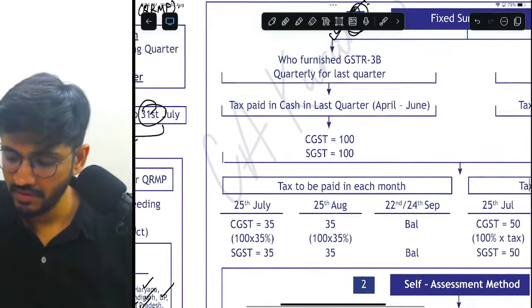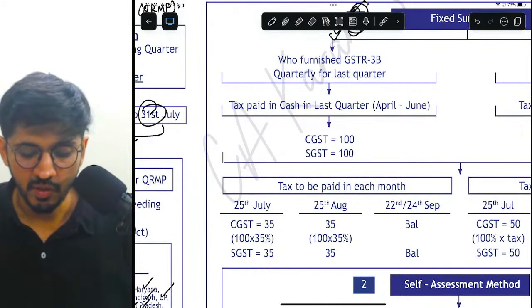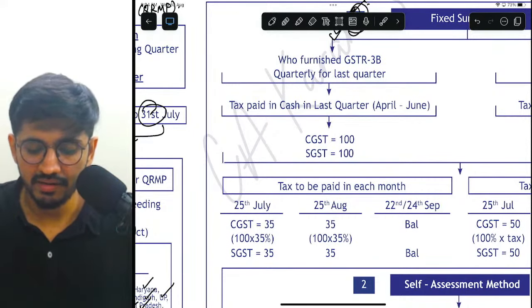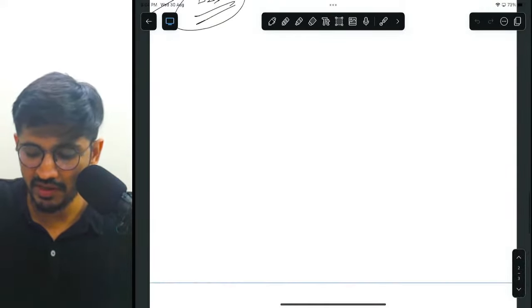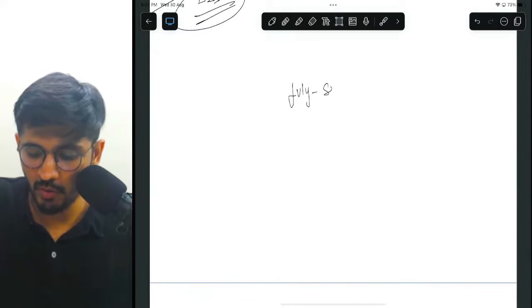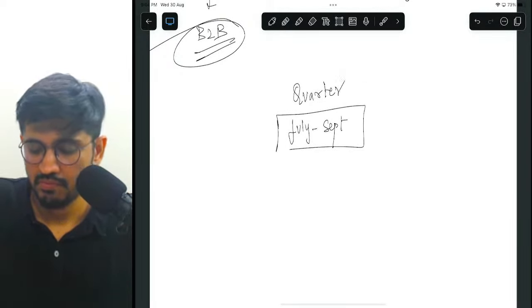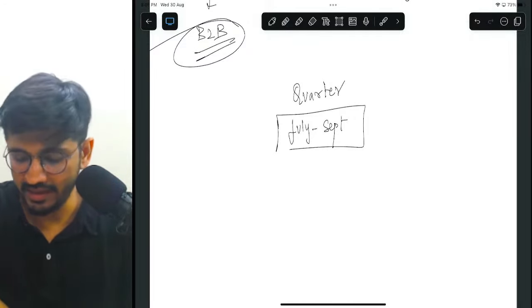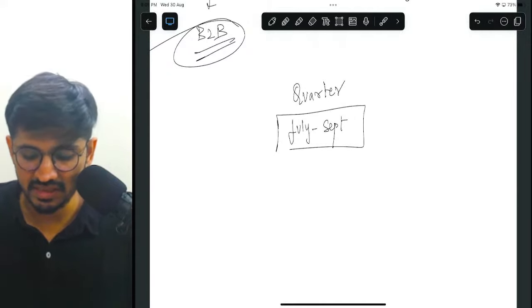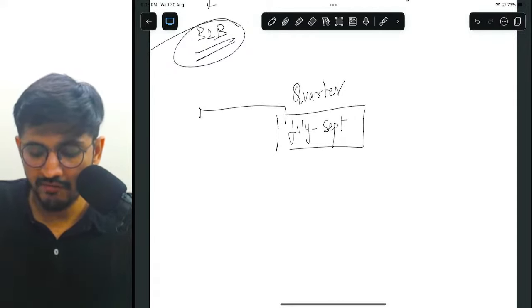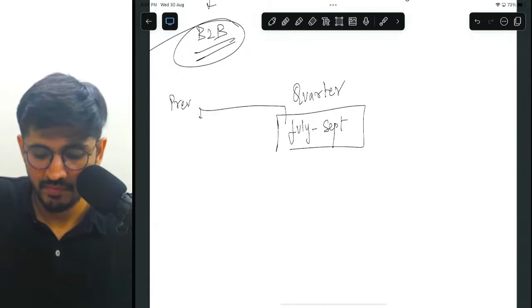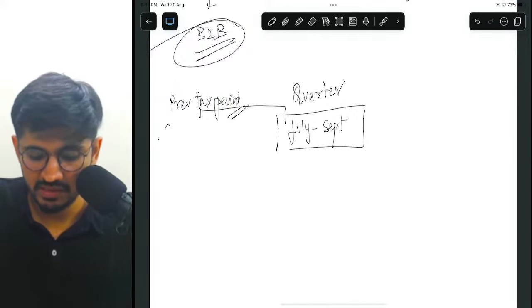What the government is trying to explain is that, let's say you are taking the QRMP scheme for the July to September quarter. Correct? Now in this case, if your previous tax period happens to be a quarter, that is April, May, June, then the previous period was also basically QRMP.